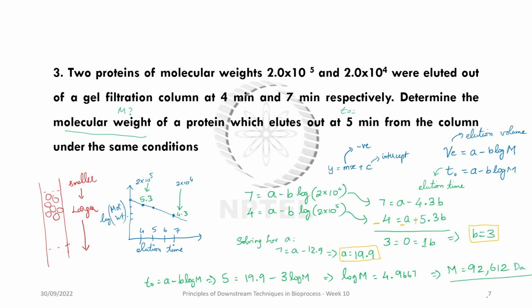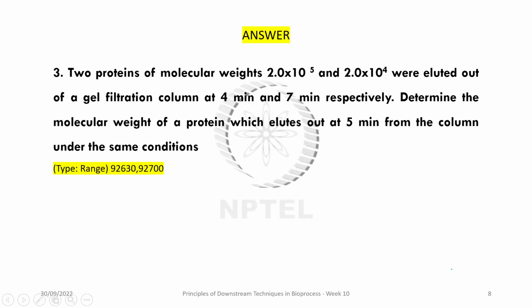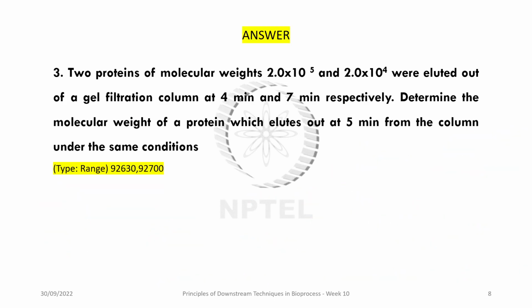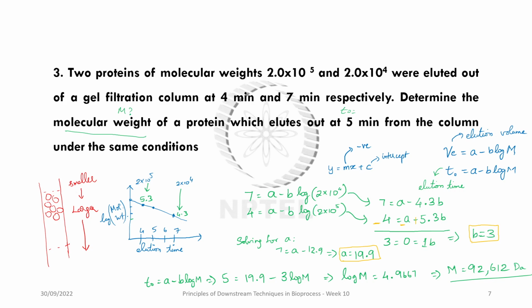Are you all getting the same? Okay, it says 630, but we got 612, right? 92,611.87, or 92,612. Are you guys getting between 630 and 700? Because according to my calculation, I'm not.